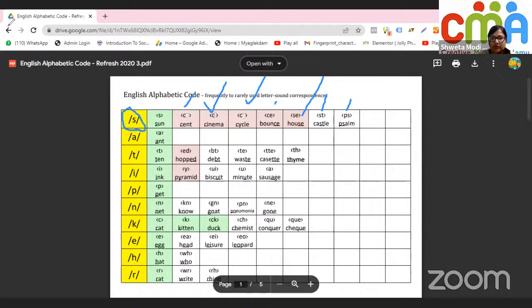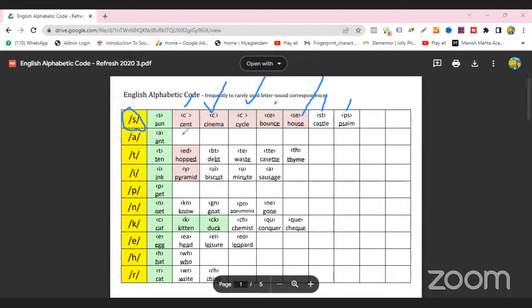Please write in the chat box. Any silly sentence. I'll give points. Hurry up. You have to make a sentence using these words, or you can use any other word having the same alternative spelling.